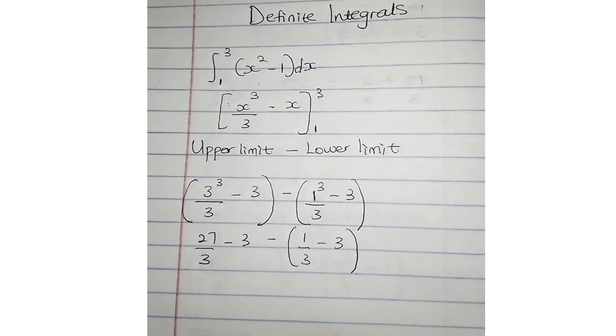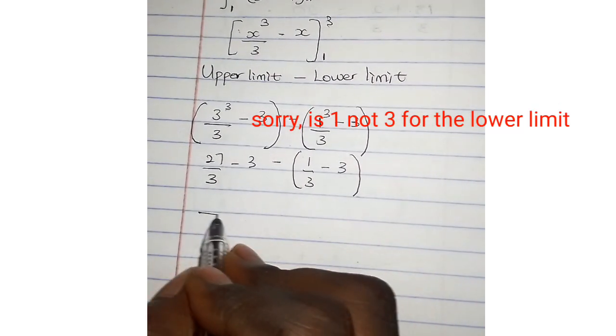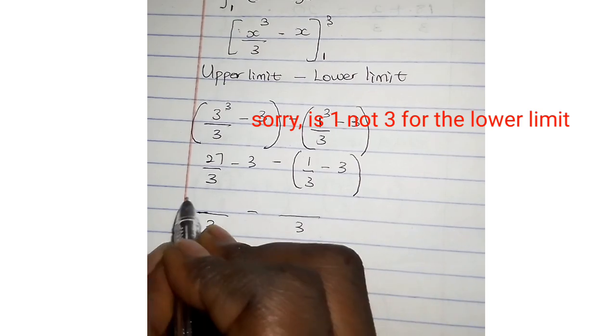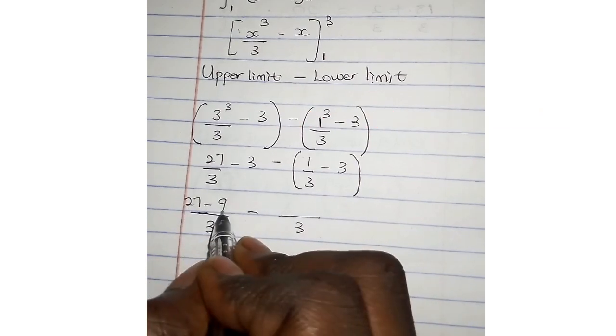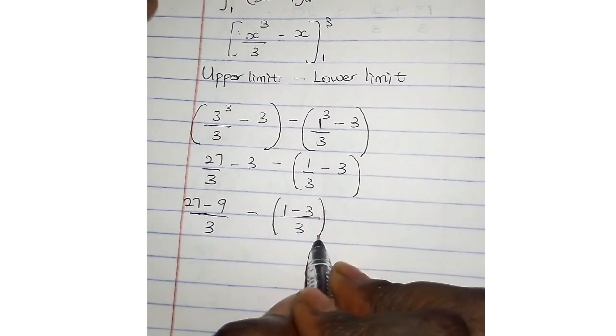Right, so this is going to give us the LCM of this. They are all over 3, so we're going to have 27 minus 9 over 3, and 1 minus 3 in the brackets.